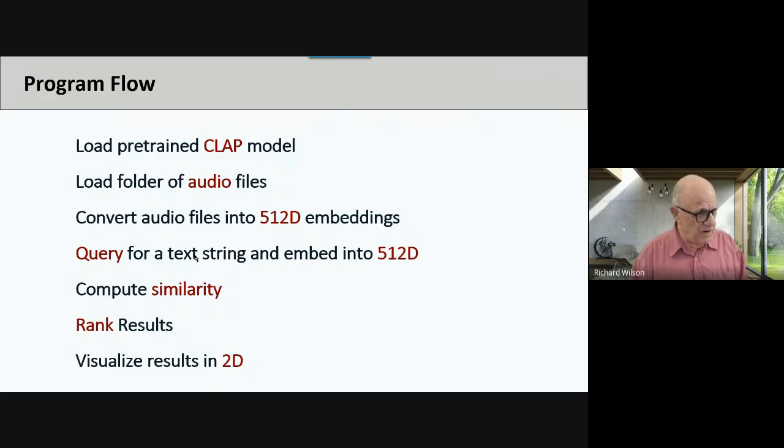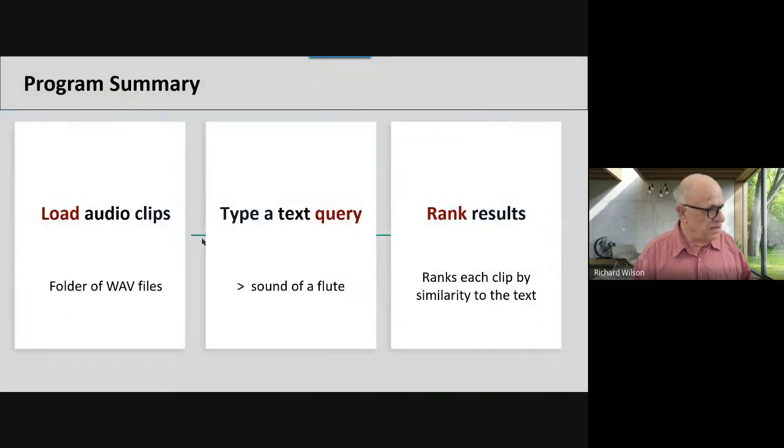Once I get that query, I embed that query into the 512D space. Then I compute the similarity between the WAV files that I brought in and the query. Then I print out a ranking table, and then I visualize it. So in summary, I load the clips, type a query, and rank the results.